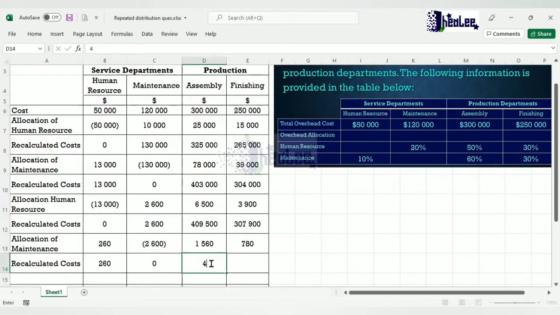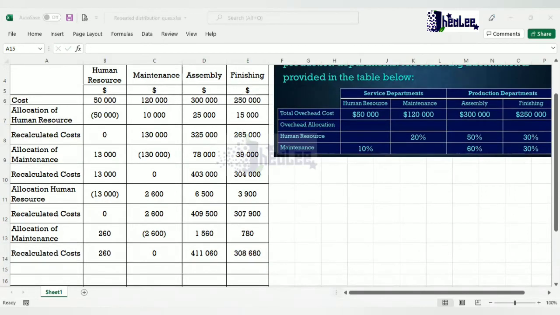That gives us a value of $411,060. The finishing department, the previous recalculated cost was $307,900. Now we're adding $780 to that value. So that now gives us $308,680.